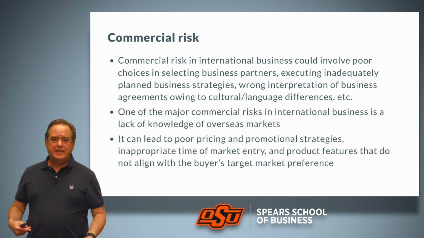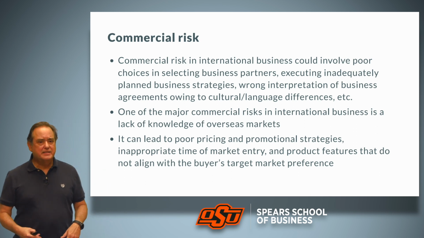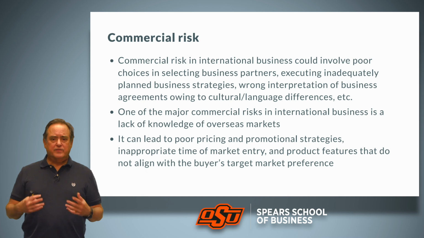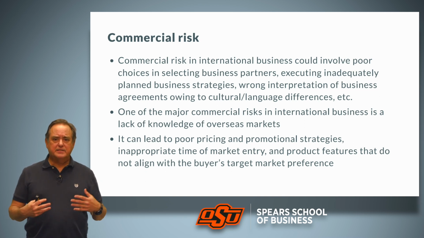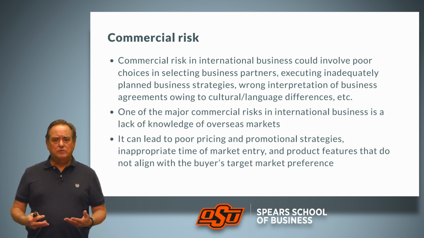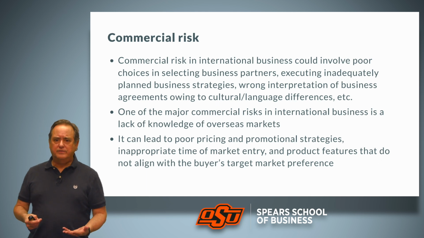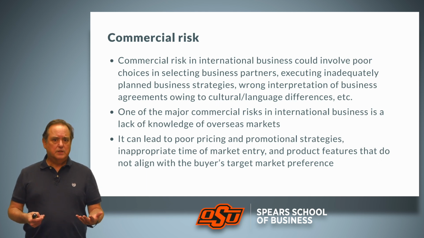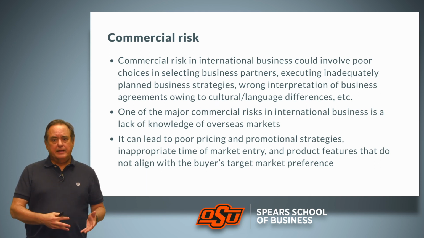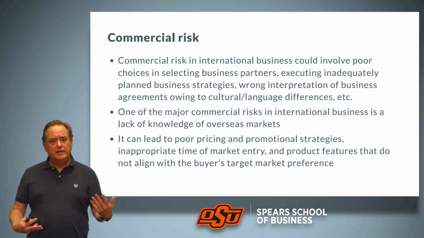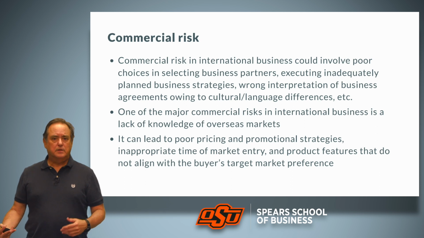There's a very famous case from back in the 1960s involving Chevrolet. When Chevrolet was attempting to sell its new vehicle, which in the United States was called the Chevy Nova, they experienced problems when they tried to sell that product in Latin American countries. Well, why is that?